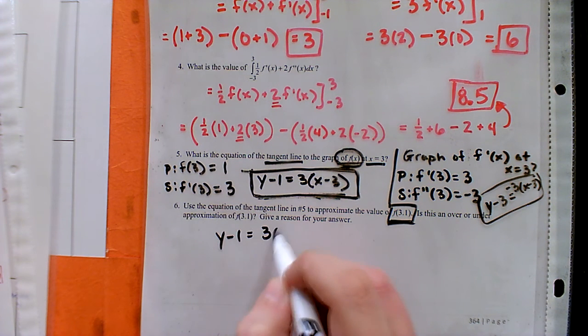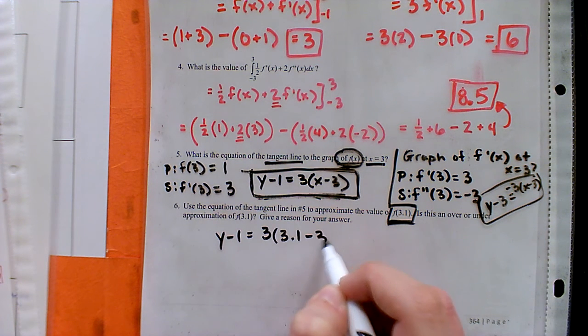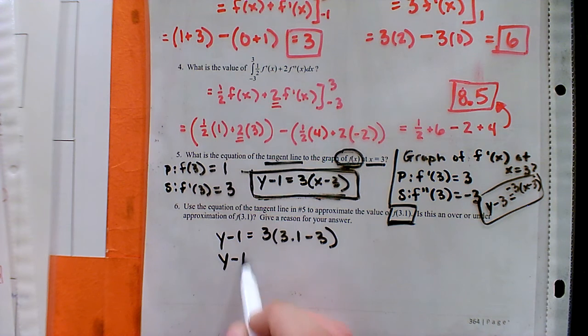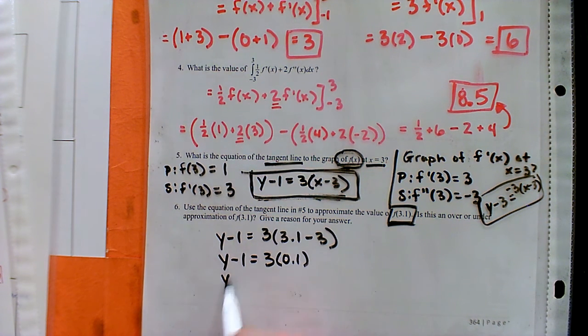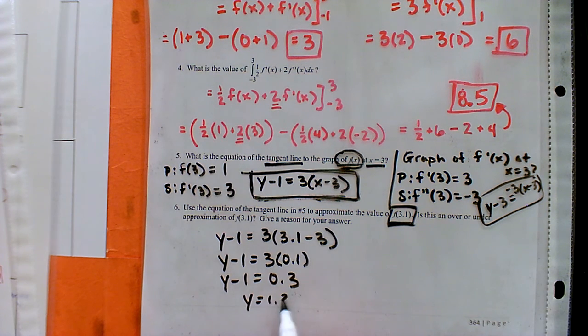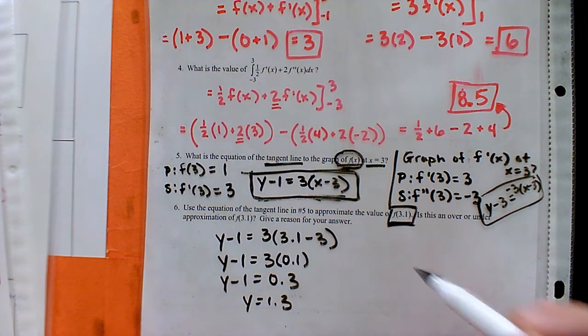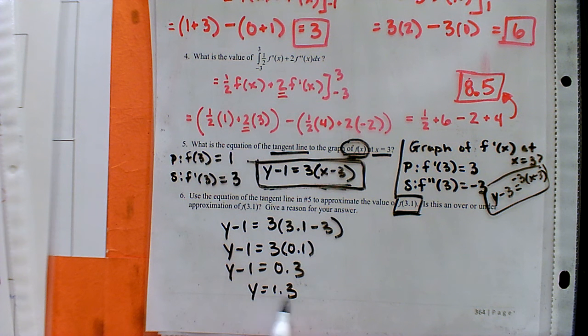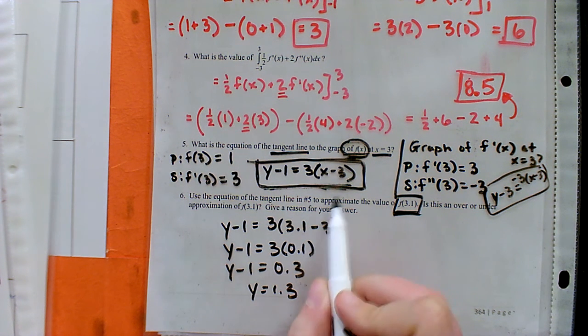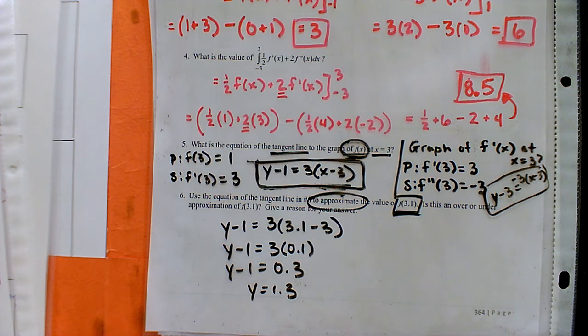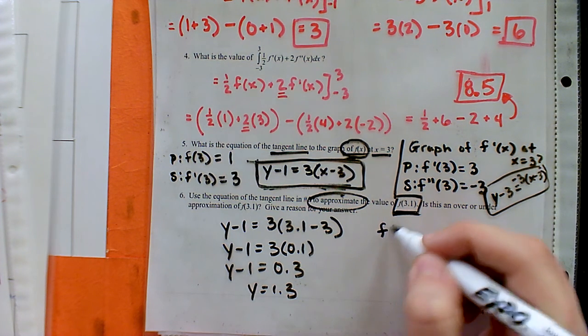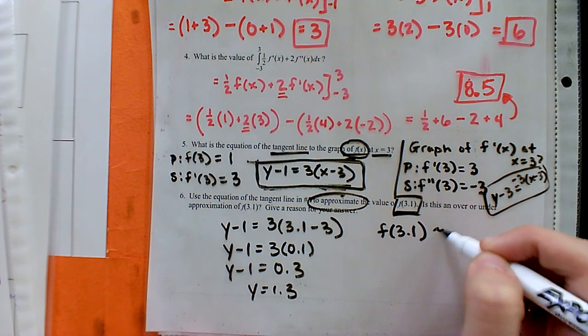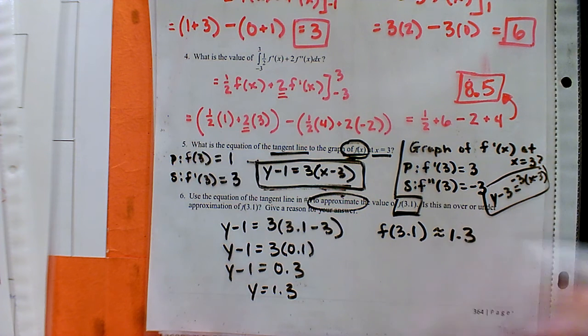No calculator, we can do this. 3.1 minus 3, times 3, that's 0.3. Add the 1, 1.3. Be careful not to leave your final answer as y equals 1.3. This is an approximation, so you have to use the squiggles. f of 3.1 is approximately 1.3.